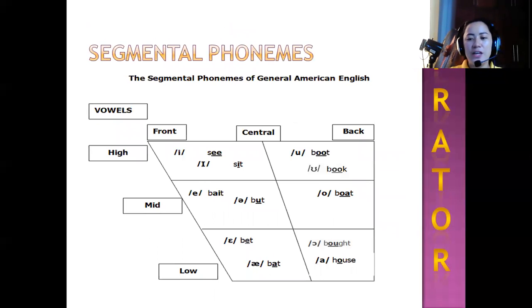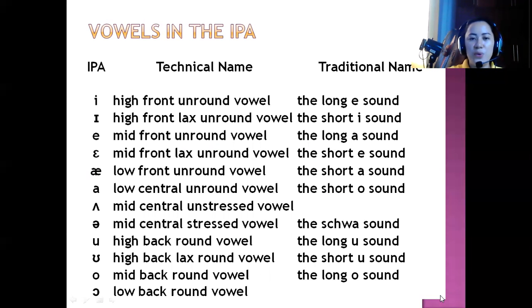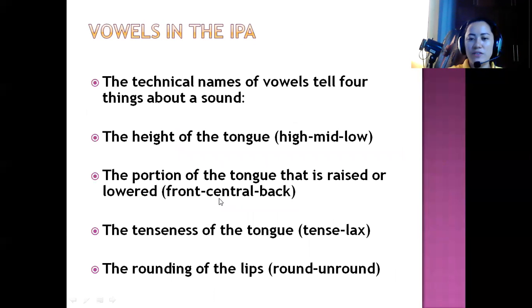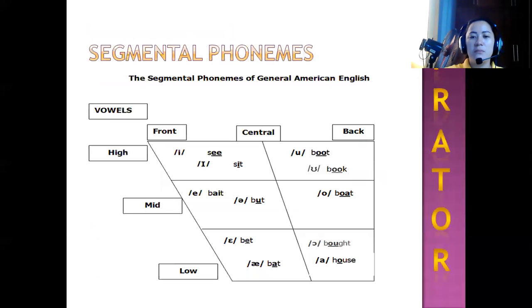I have here the chart. We have the front, the central, the back, and the high, the mid, and the low. Going back to the names, we have the height of the tongue: high, mid, low. In the portion of the tongue, we have the front, central, back.